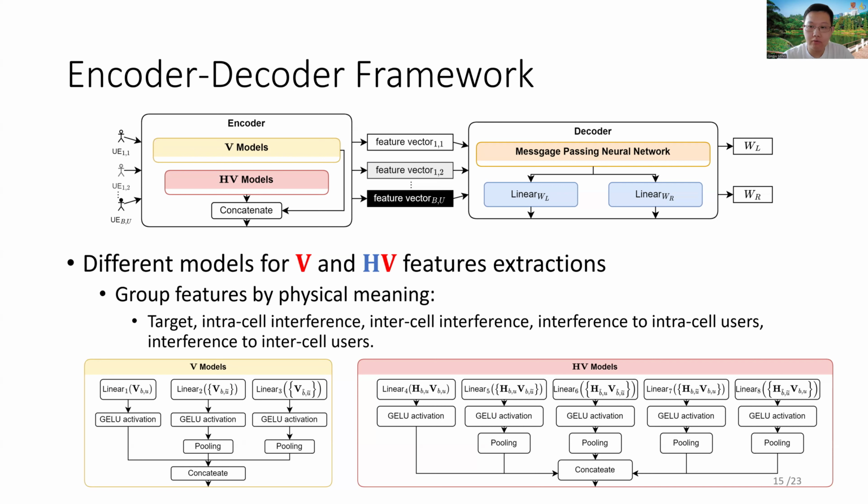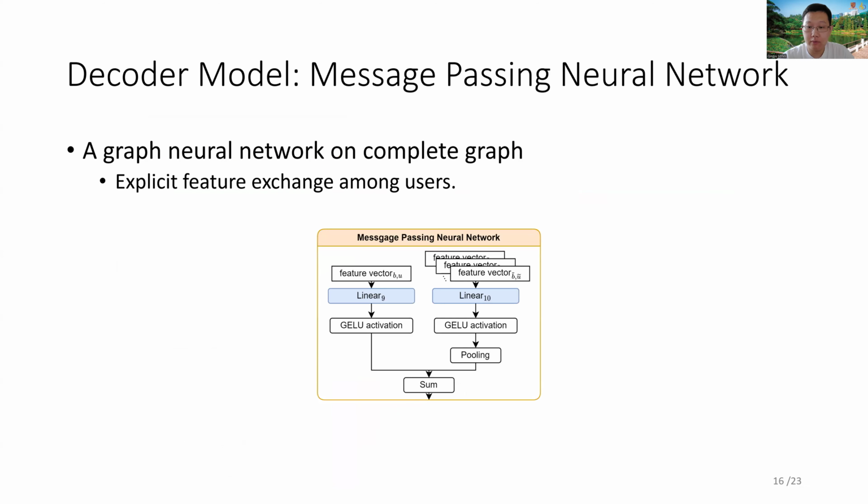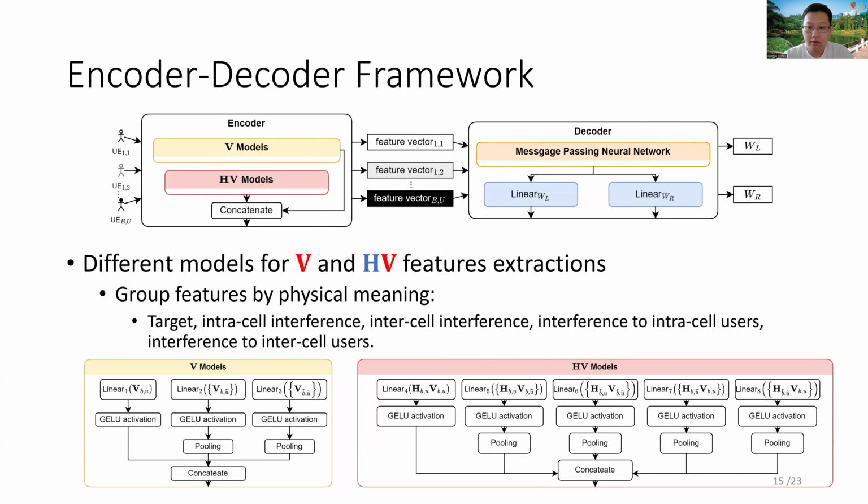Then in each model, we group features by their physical meanings and apply different linear models. For example, the target represents the numerator in the SNR equation, and the others are related to the interference in the denominator of the SNR equation. Further, we classify the interference into intracell and intercell interference, and also the interference to intracell and intercell users.